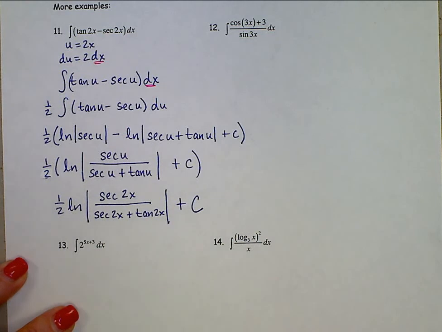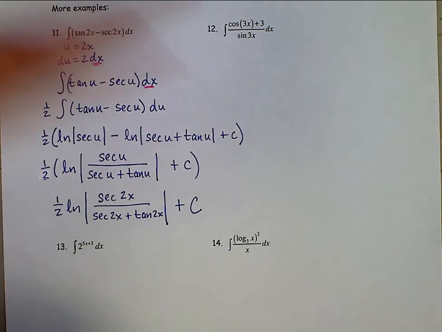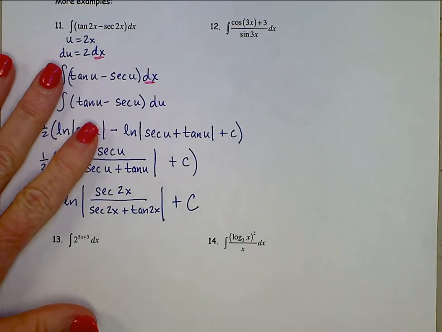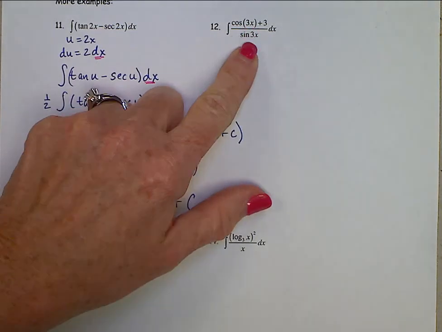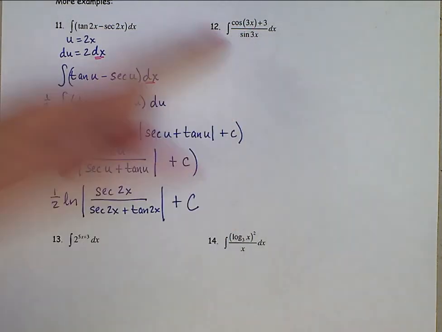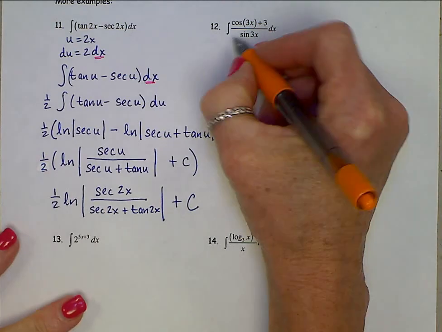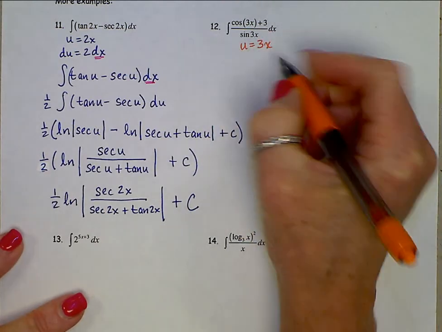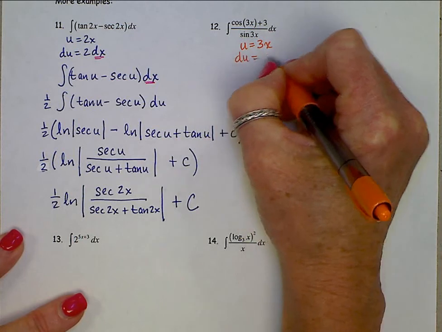All right, let's take a look at number 12. Again, no powers here, but we do have something on the inside of the trig function, so let's start there, very similar to the last one. This time u will be 3x, and du then is 3 dx.